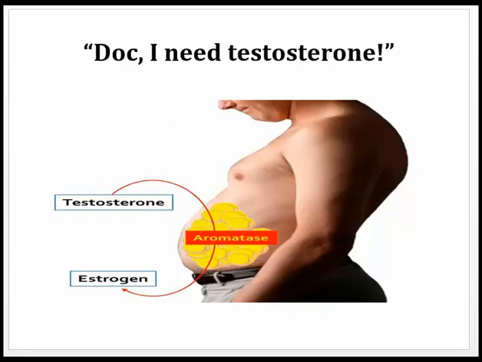One of the things that we know is that when you carry extra weight or adipose tissue, the testosterone that the body produces will actually go into the fat tissue and get converted into estrogen. That's why as men gain more weight, they feminize.